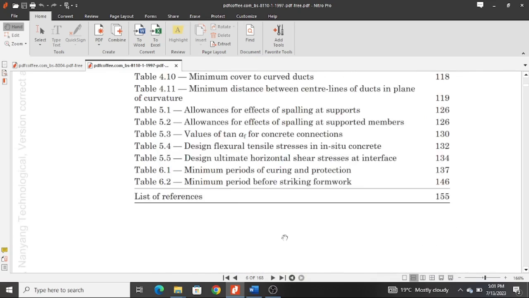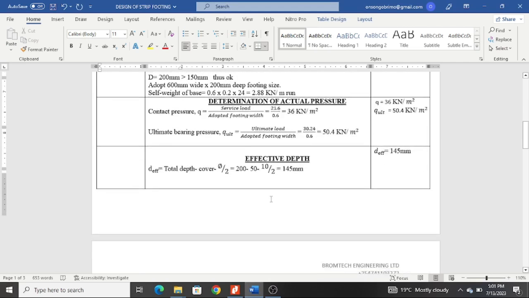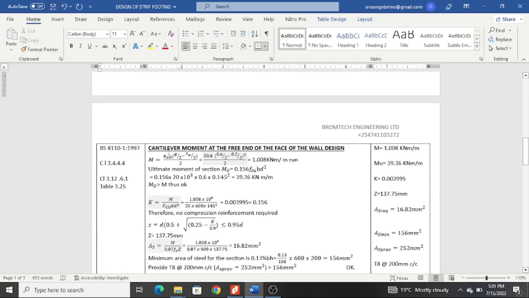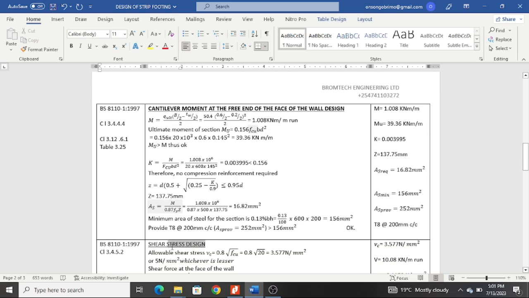From there, we go back to our strip design. We are almost done actually, because we have sized our strip, we've determined the effective depth. Therefore we are only going to do design for the cantilever moment at the free end of the face of the wall. And then we also do shear stress design for that bit.